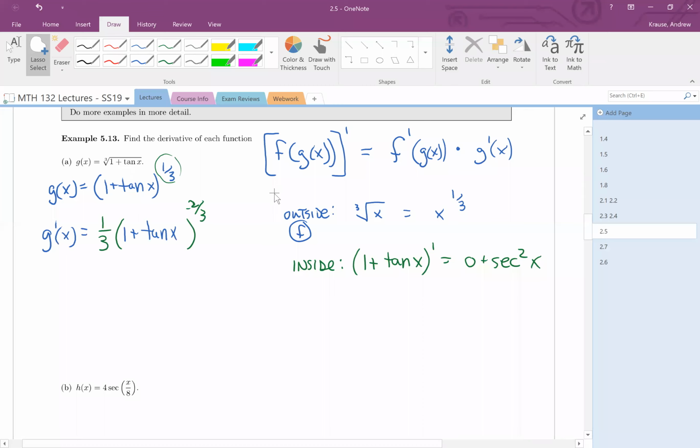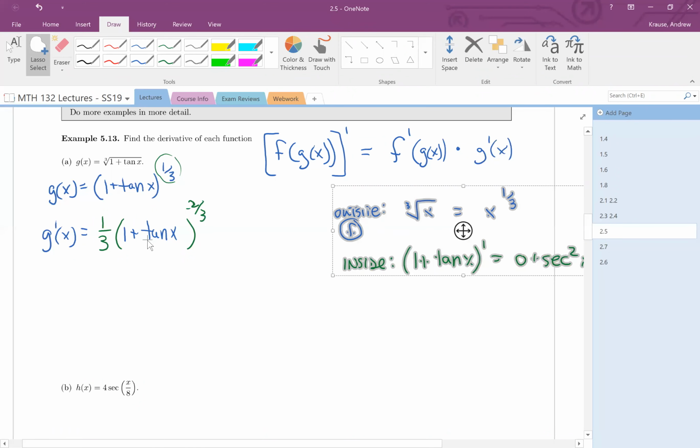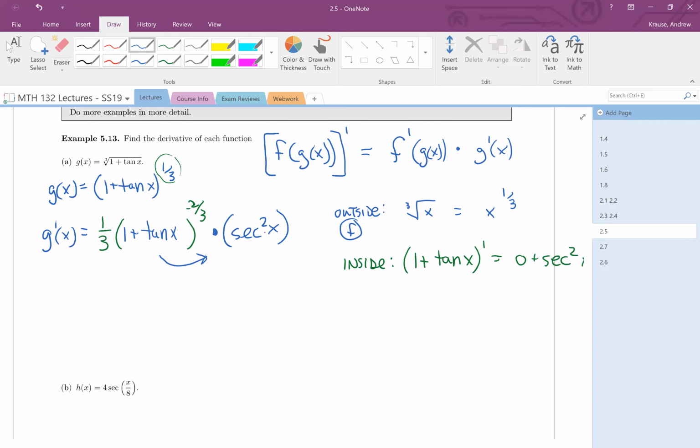And then we're going to multiply by the derivative of that inside function, which is secant squared of x. It's 0 plus secant squared of x, but we don't need to write that 0 in there.